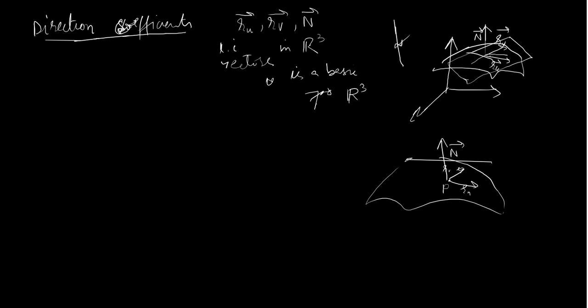So having done that, now suppose I have any point P on a surface, and at P I have some arbitrary vector, which we call A, in a certain direction. It could be any direction.